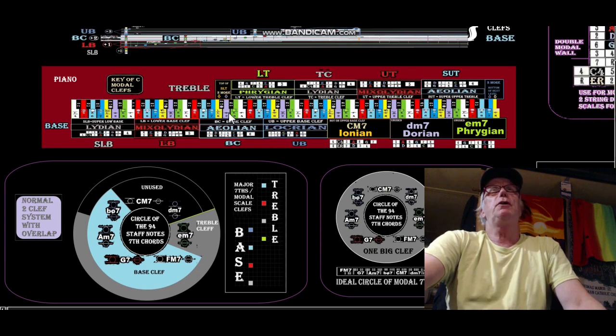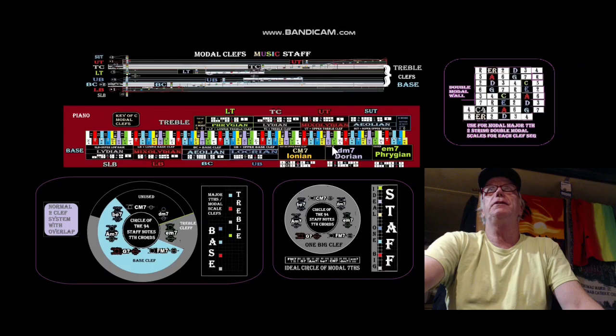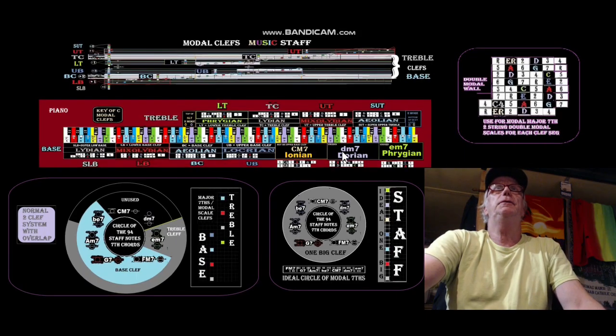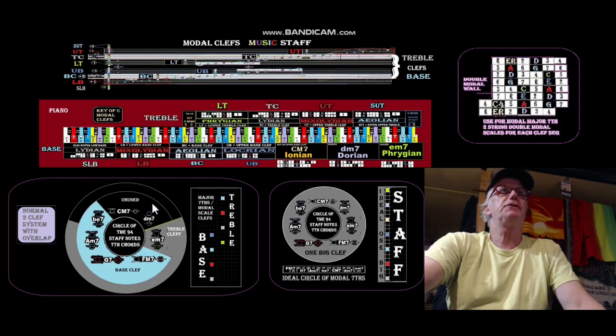Notice the keyboard has gotten longer because in this latest scheme diagram, we're comparing the ideal situation with the two clef system with the overlap. In other words, with the ideal situation, we're taking it to the extremes.